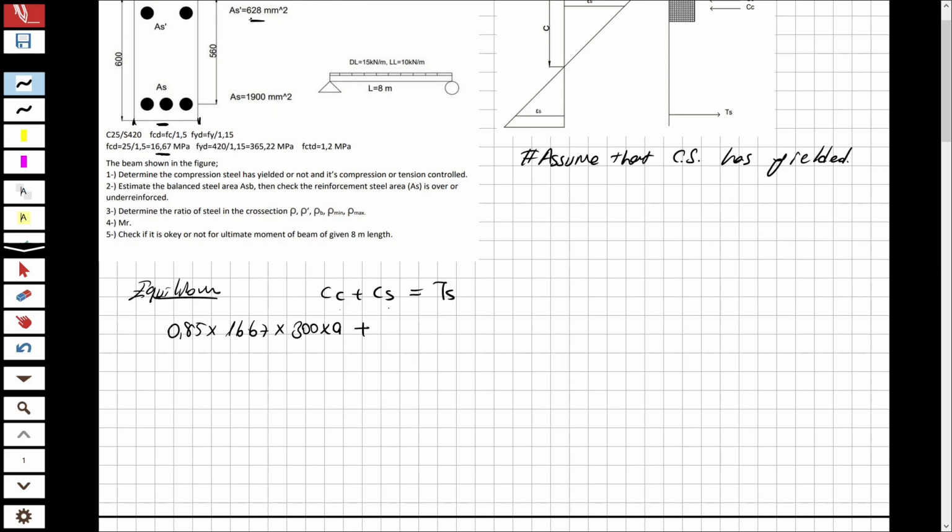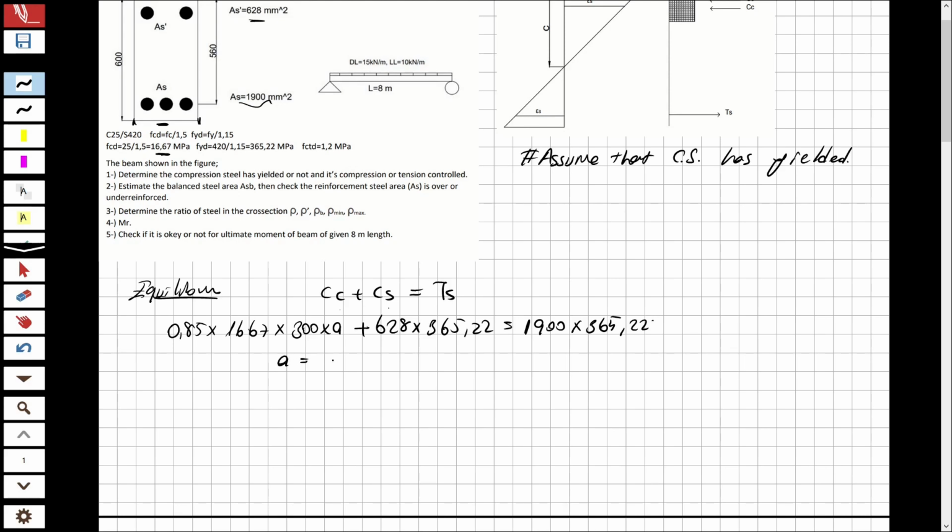That means the compression steel area, 628, multiplied with 365.22, equal to the area of the tension steel multiplied with 365.22 also.